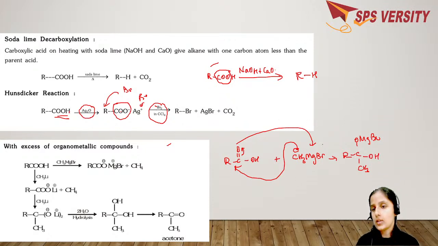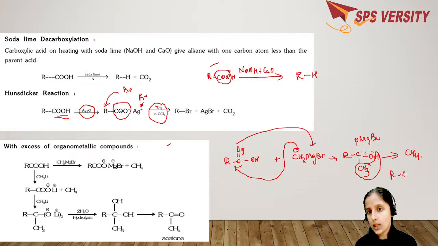And after this it will rearrange in such a way that the CH3 will go with one hydrogen, so you get CH4 and you get RC, this shifts over here, so you get a double bond here, RCOOMgBr. This is what you're going to get at the end.